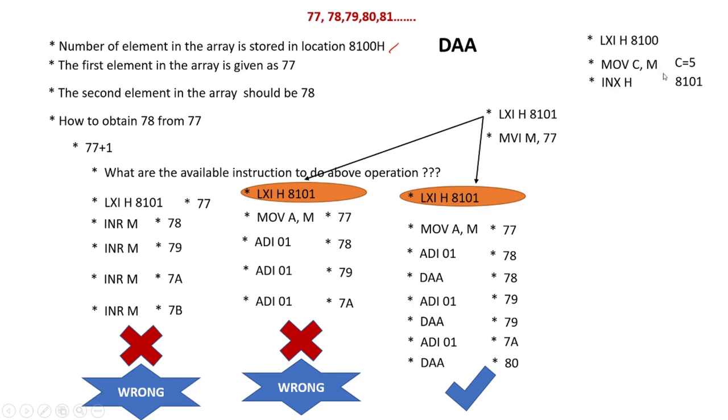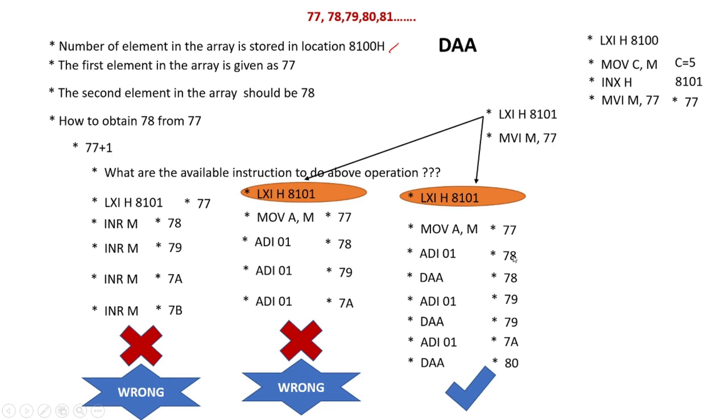How to save that one? Just like this, we need to move the data 77 immediately into this location. Now the first data has reached the first location 8101. So after execution of this instruction, 8101 contains 77. Then in the next location we need to save 78. How to obtain 78 from 77?